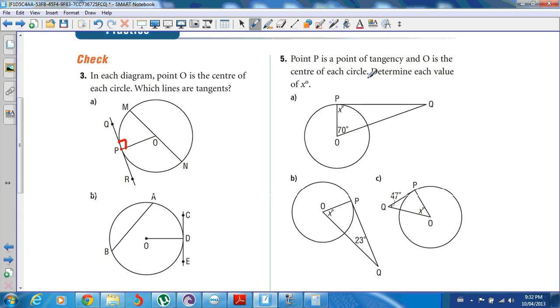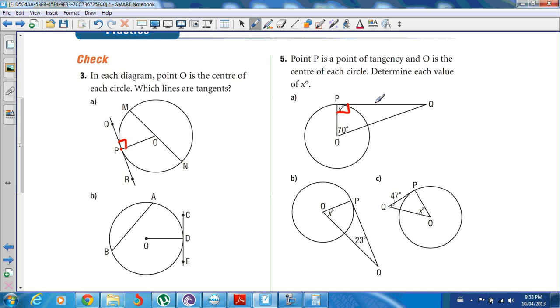Looking at number 5 over here, we're told that this line is tangent to this circle. So if this line's tangent, we already know where our 90-degree angle is. This one here is going to be a 90-degree angle because this is our radius and this is our tangent, and we know from our property of a tangent that anytime the radius meets the tangent line, it's going to be 90 degrees.